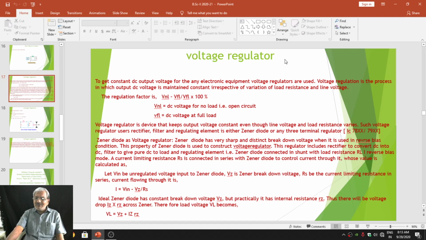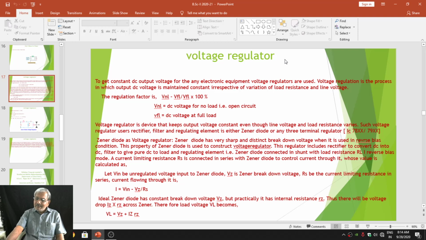This process of maintaining the output voltage constant is known as voltage regulation. And the electronic circuitry that produces constant or fixed output voltage irrespective of variation of load resistance and line voltage is known as the voltage regulator circuit.